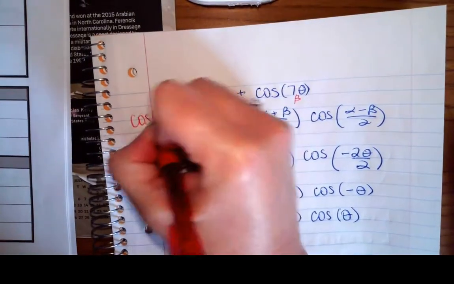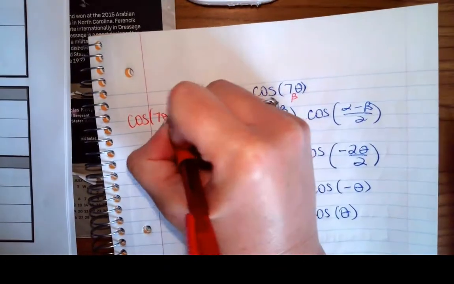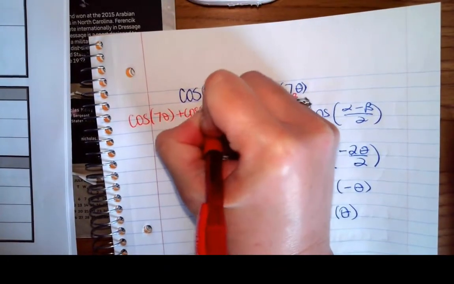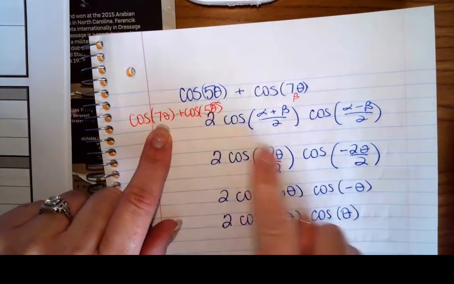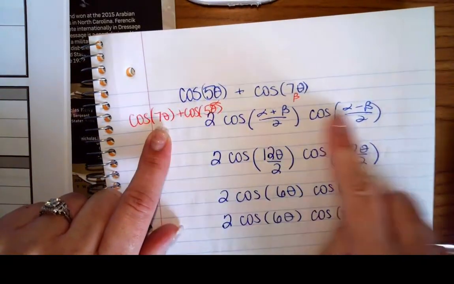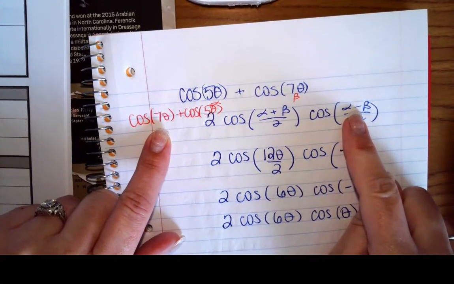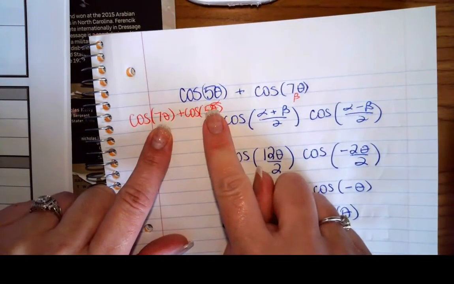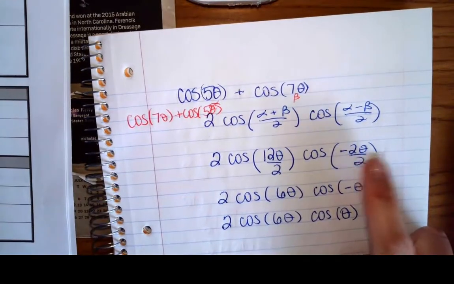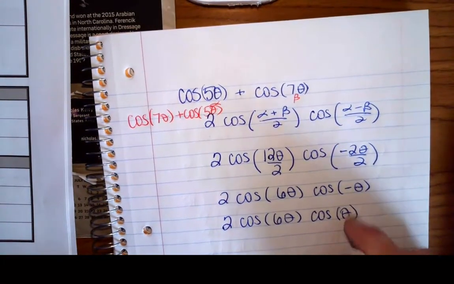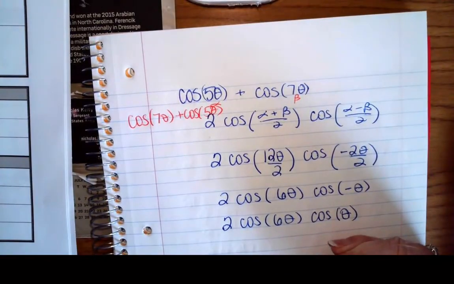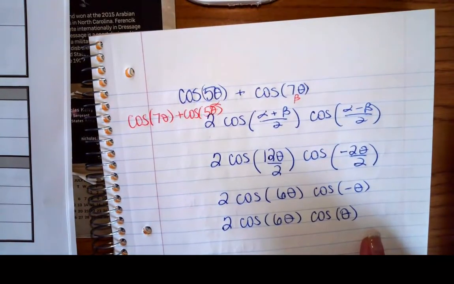If I had flipped that into the cosine of 7 theta plus the cosine of 5 theta, I would have still added those two things together and gotten 12 theta all the way down. But look what would have happened if I had subtracted. 7 thetas minus 5 thetas is positive 2 thetas, divided by 2 is a positive theta. So by applying an even-odd identity, I got the exact same answer.